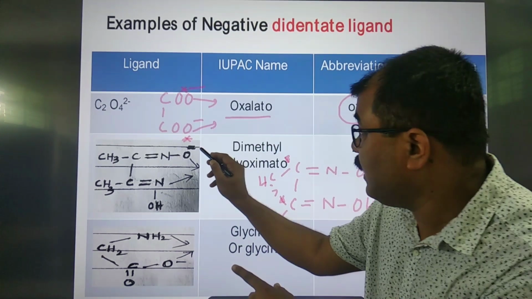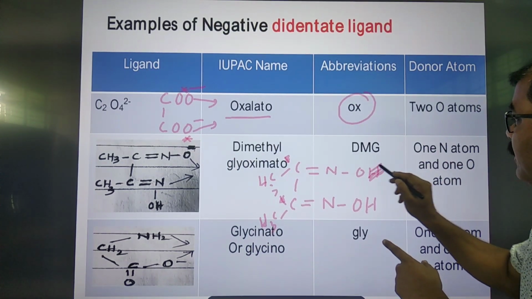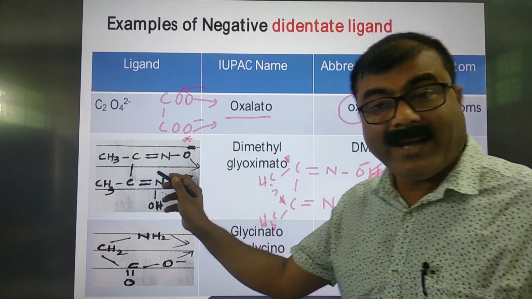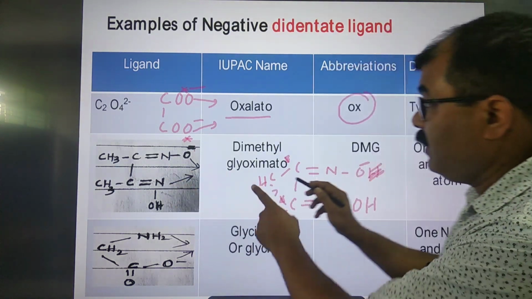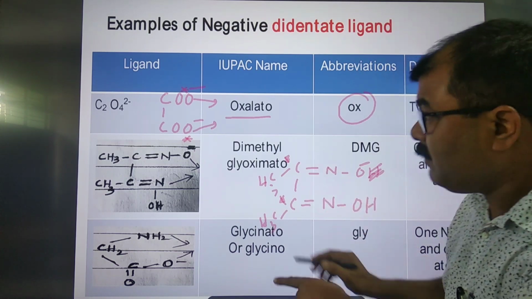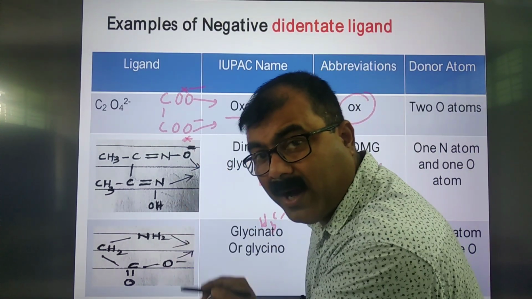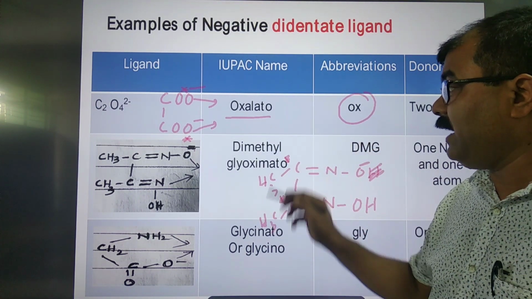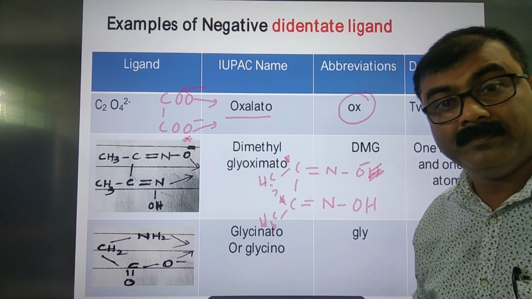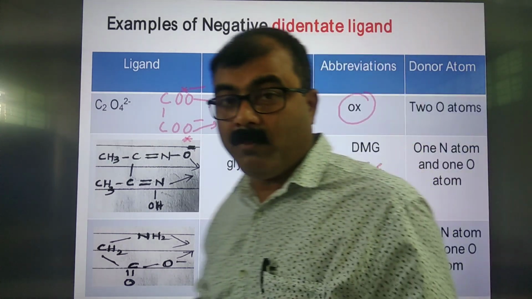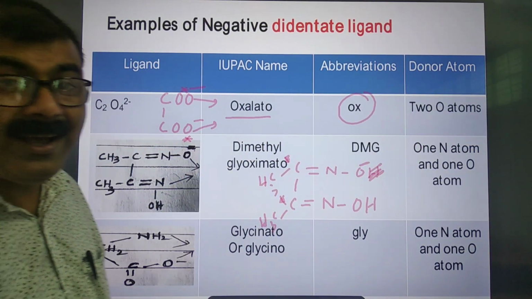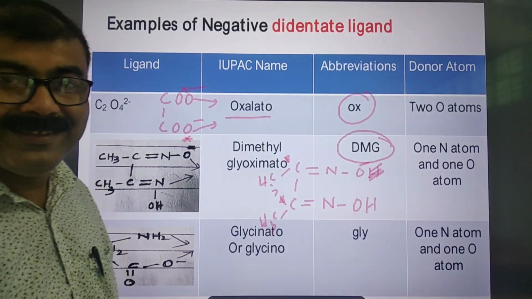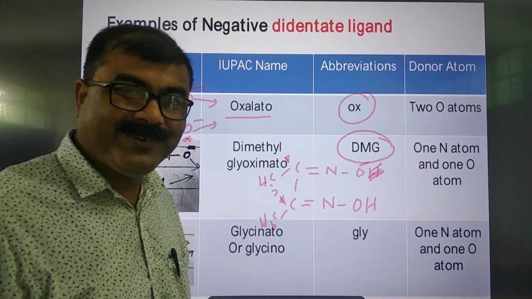But this is an ion, so the negative charge is there, where this hydrogen is removed. The molecule is dimethylglyoxime, this is the dimethylglyoximate ion, and the IUPAC name in the complex is dimethylglyoximato, and the abbreviation is DMG. Okay, my dear students, have you understood?